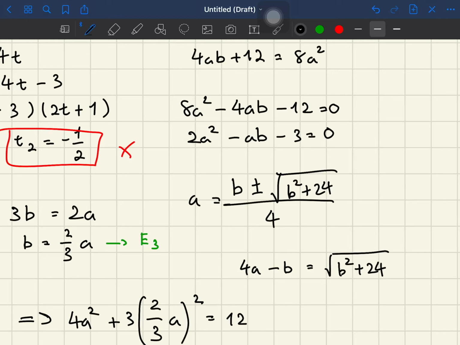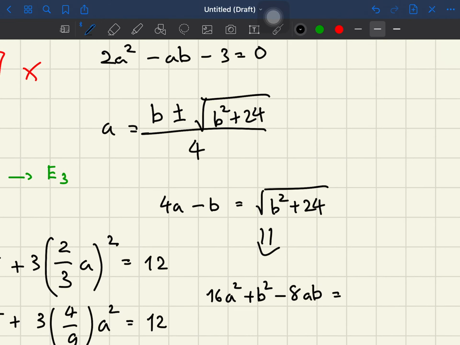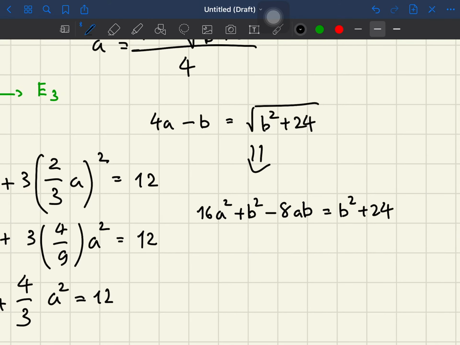So you have to solve it again, making a new kind of equation. You will get 16A squared plus B squared minus 8AB equals B squared plus 24, and then you will get 16A squared minus 8AB minus 24 equals 0.